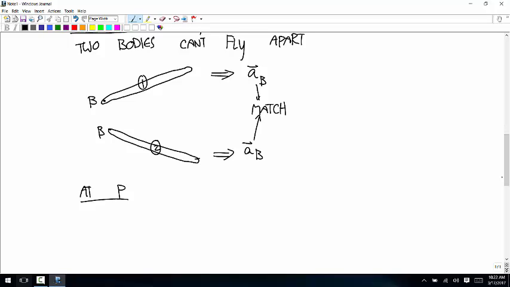If it was only connected to the pin and slot joint, you could spin it around that pin. And so the acceleration at P can only accelerate parallel to the slot.